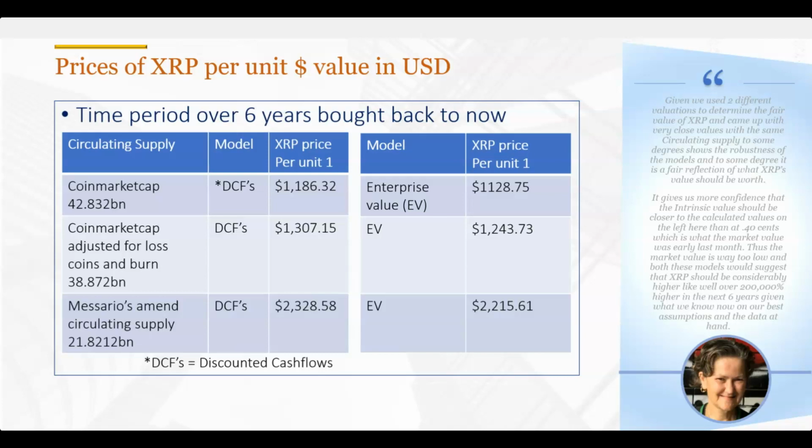But either way, it does show that the market value of XRP, and when I started doing this, the market value of XRP was 40 cents. Either way, it does show that the intrinsic value, or the fair value for XRP, should be a lot higher than what it is. Absolutely.